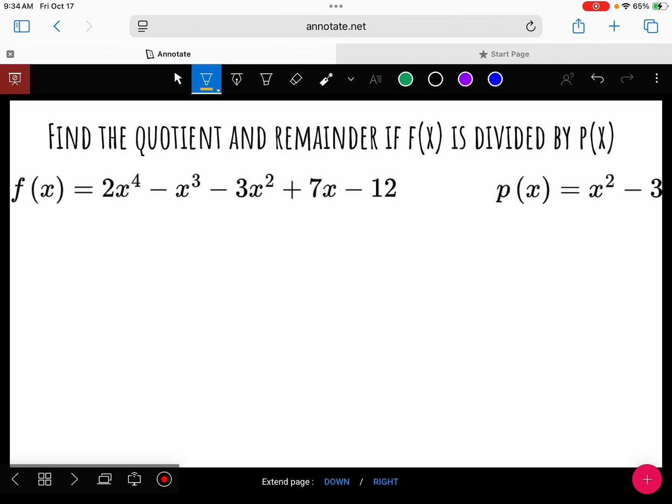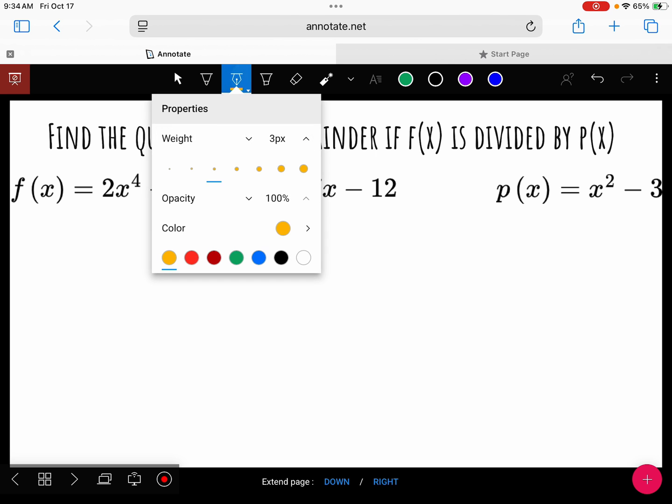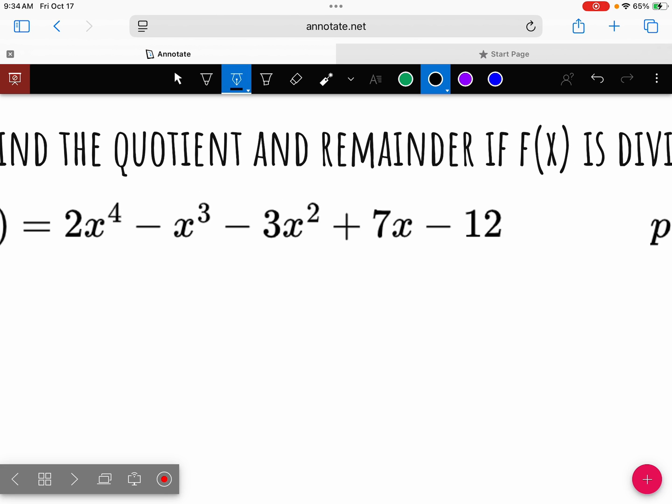So we're going to set this one up. We're going to do this with long division. Our f of x is 2x to the fourth minus x cubed minus 3x squared plus 7x minus 12. And we're asked to divide that by x squared minus 3. So we're going to set this up.